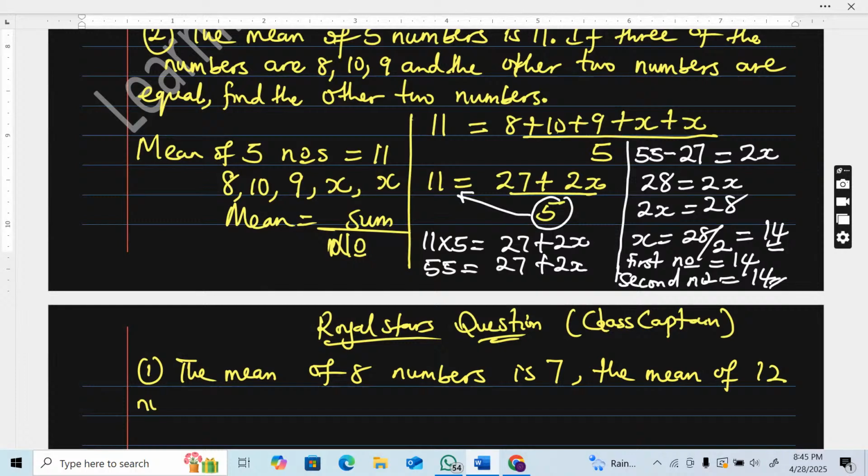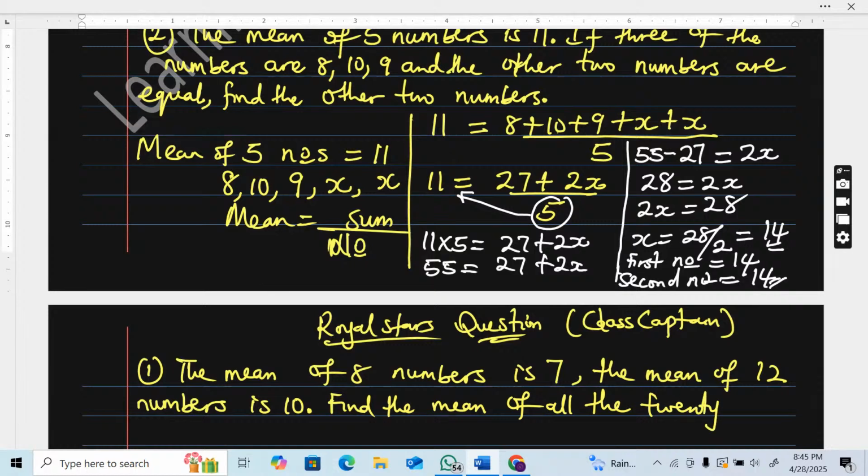Make sure you are writing. Find the mean of all the 20 numbers. So this is exactly the example 1 question that we just did a few minutes ago.